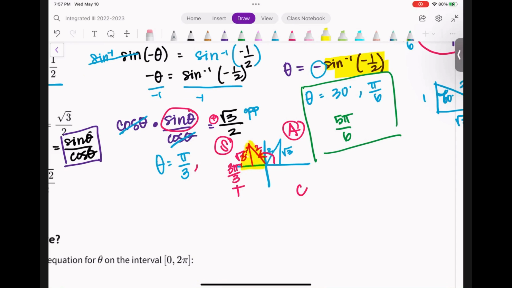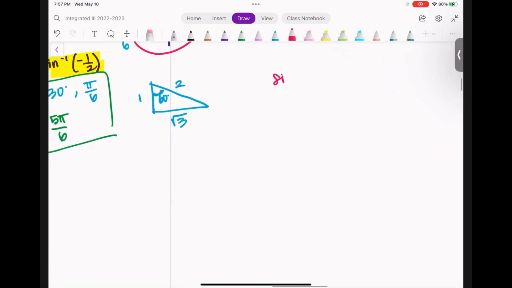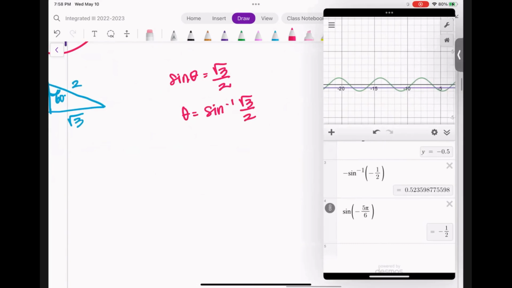So instead of having 3 pi over 3, I now have 2 pi over 3. And there are my two answers. Now, some of you want to do the sine inverse on this guy. Let me show you that just to make sure. So you had sine theta equals root 3 over 2, and you wanted to take the sine inverse. So you would have gotten theta equals the sine inverse of root 3 over 2. And then we bring our calculator in.